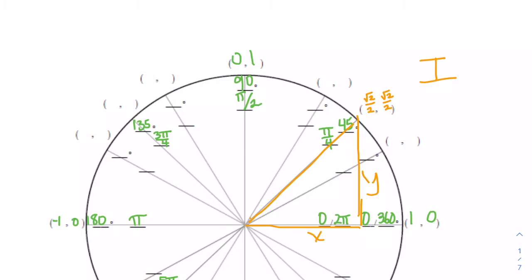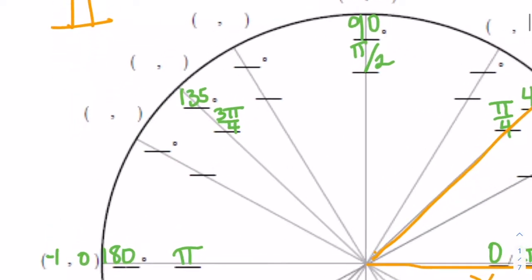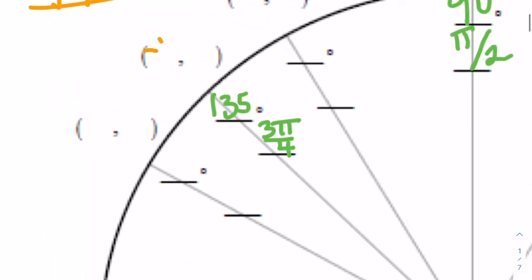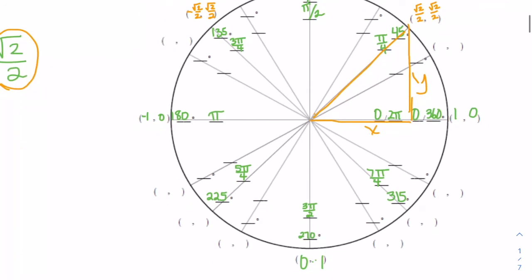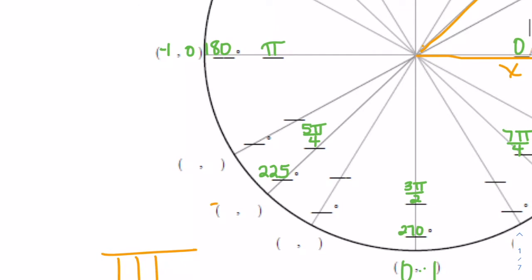And then when we get over to the second quadrant, well, we know it's going to be the same values except x will be negative. So it's negative root 2 over 2. The y value is positive root 2 over 2. And then we go over to the third quadrant where both the x and the y are negative. So that's negative root 2 over 2, negative root 2 over 2.